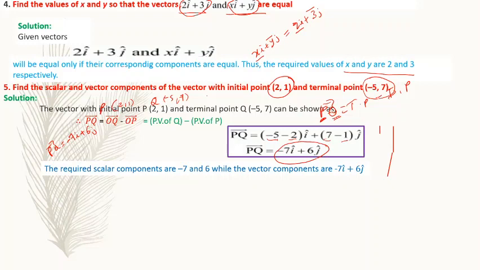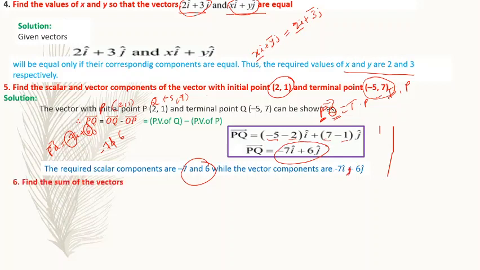One is scalar components, another one is vector components. So scalar components means what? The coefficients of i and j. So -7 and 6 are the scalar components. Similarly, vector components means along with i and j. Vector components are, sorry dear students, here put a comma, -7i, comma, 6j. This is your vector components.